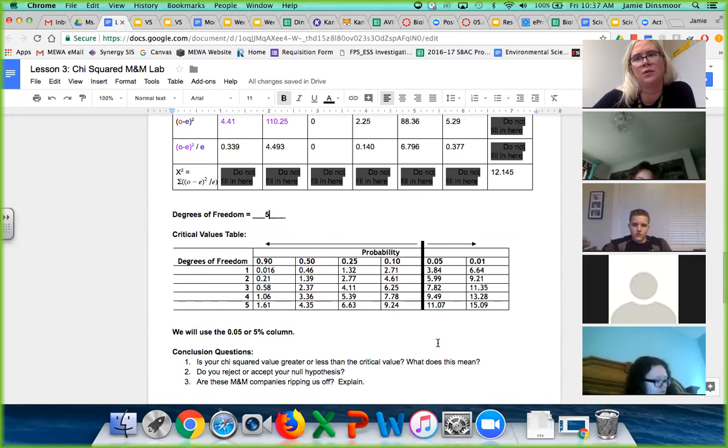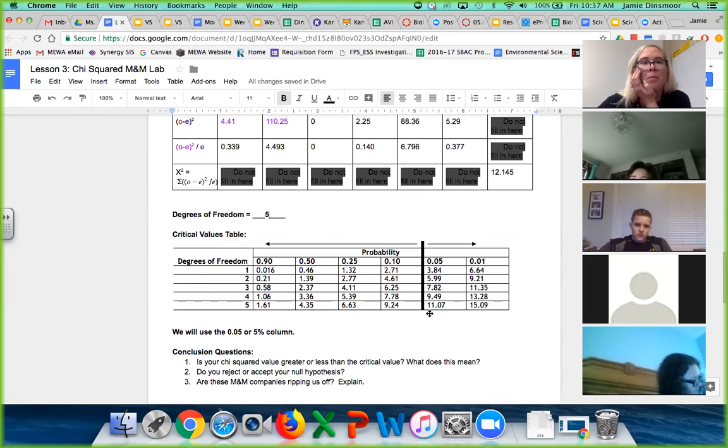If you take a statistics class, you will go into that probably later. However, in this case, I'm just going to tell you we use that column. So now what we're going to do is determine if our value that we found is higher or lower than what this value is here.